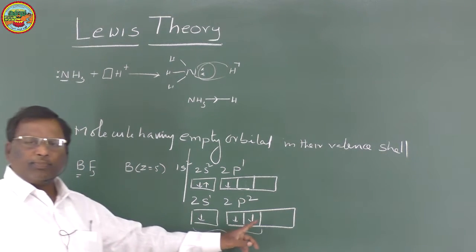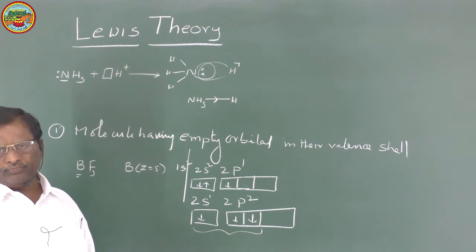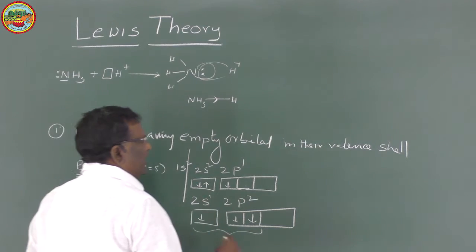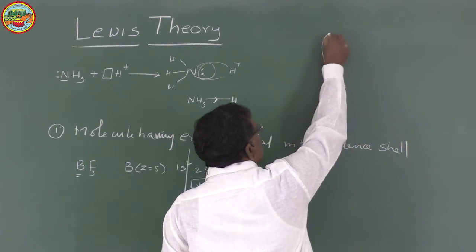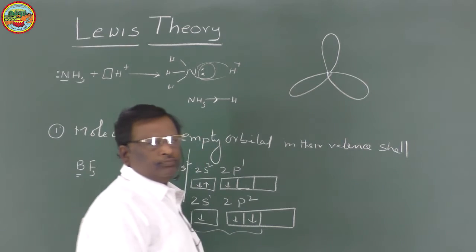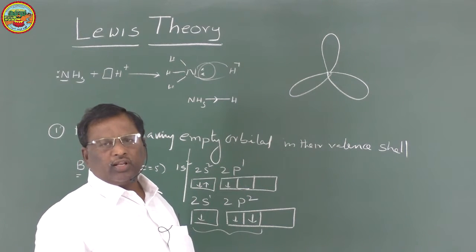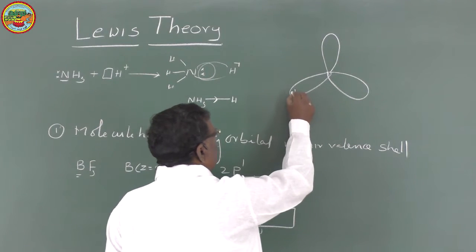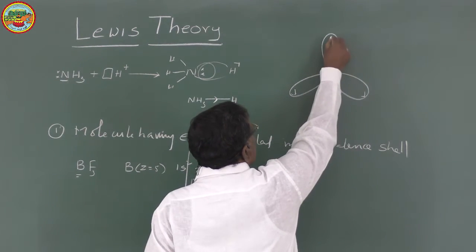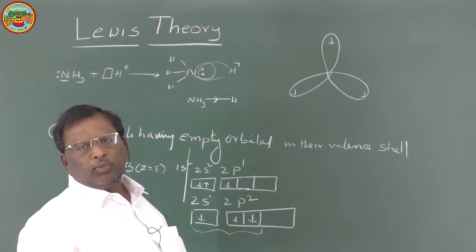Now boron is in a position to form 3 covalent bonds. It undergoes sp2 hybridization, so 3 sp2 hybrid orbitals are formed, which are in planar trigonal shape, and each orbital accommodates 1 electron and is in a position to form bonds.